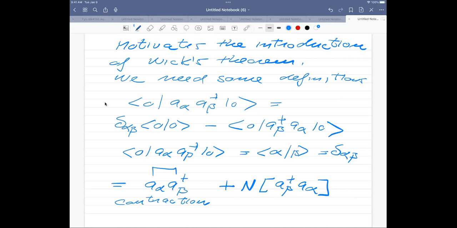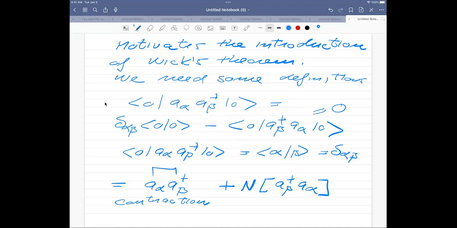So this term here, a normal ordered chain of operators, is actually equal to 0, because this specific term has to be equal to 0. If you can rewrite a set of operators in terms of a normal order product, you don't need to run any calculations because that's immediately equal to 0. So these are just definitions which we are going to use now.